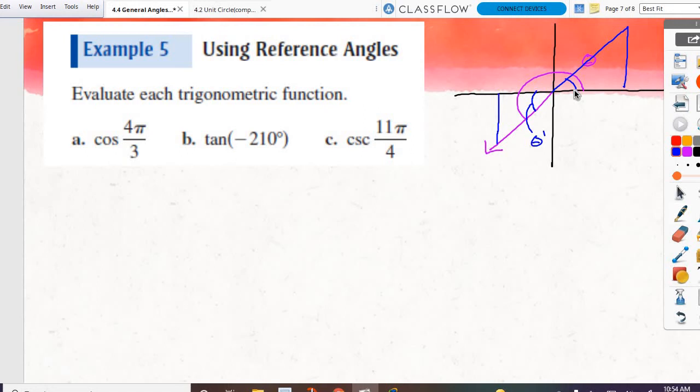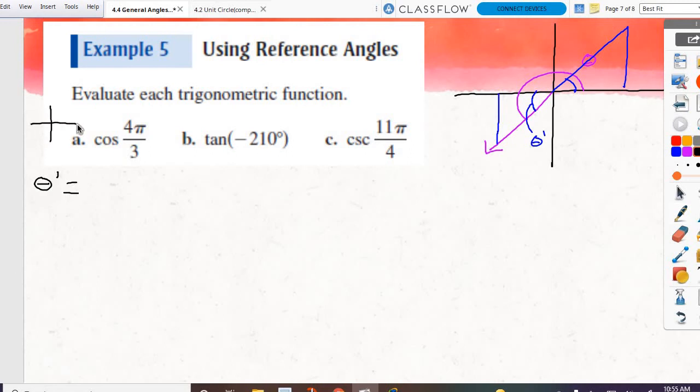You all with me? So, if I want to use the reference angle when I'm given something that's not an acute angle, what do we have to do first? We have to use our formulas to find the reference angle, right? So when I'm looking at 4 pi over 3, what would my reference angle be? Or how do I find it?